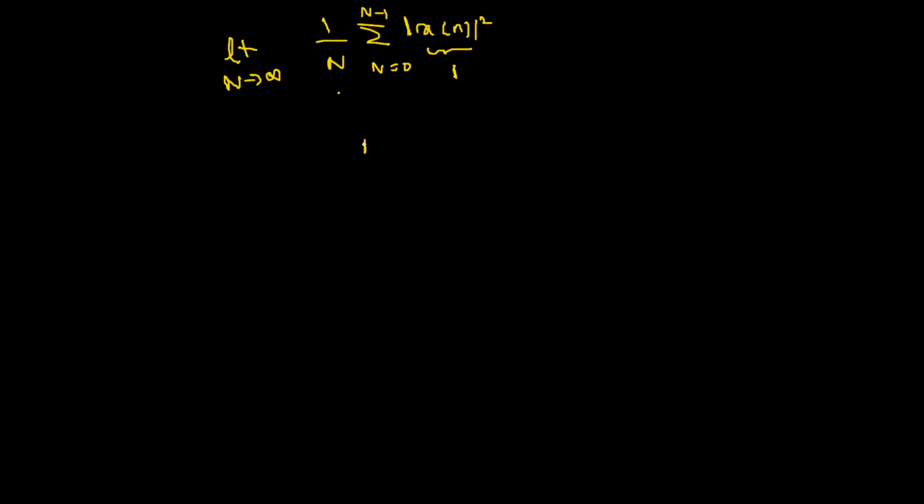So we have 1 by n into summation of n is equal to 0 to n minus 1 of ones. This part remains here. If we are adding ones n times, what does the sum come out to be?